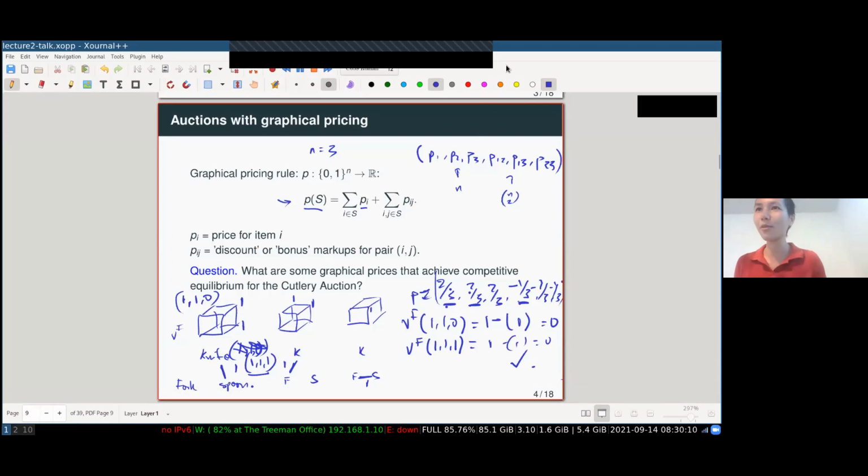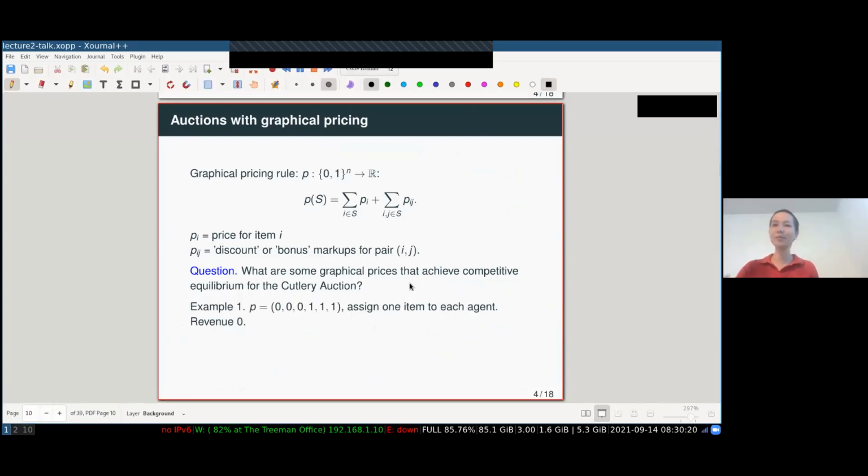Indeed. So if we have quadratic pricing, then you can find a vector P and an assignment such that a competitive equilibrium exists. Thank you. I have another P prepared: this P is 0, 0, 0, 1, 1, 1. I don't charge you for any of the items, except when you try to buy pairs.